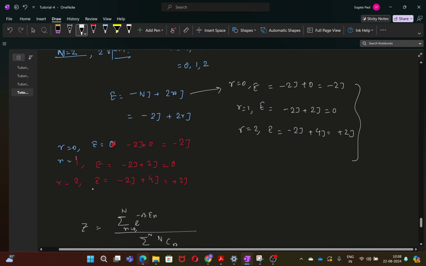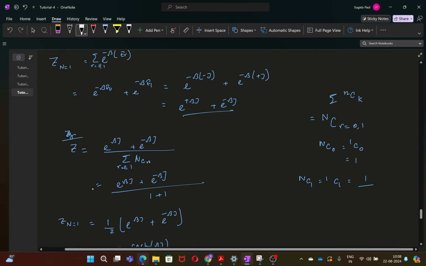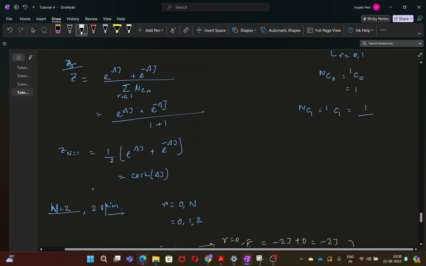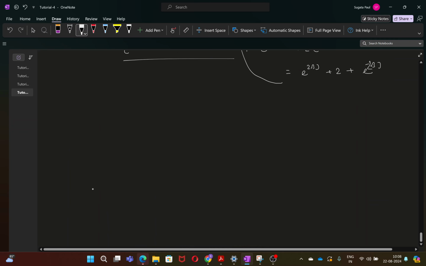So if you remember, for n equal to 1, your partition function value was simply cos hyperbolic beta j, or in other terms cos hyperbolic j by kbt to the power of 1.